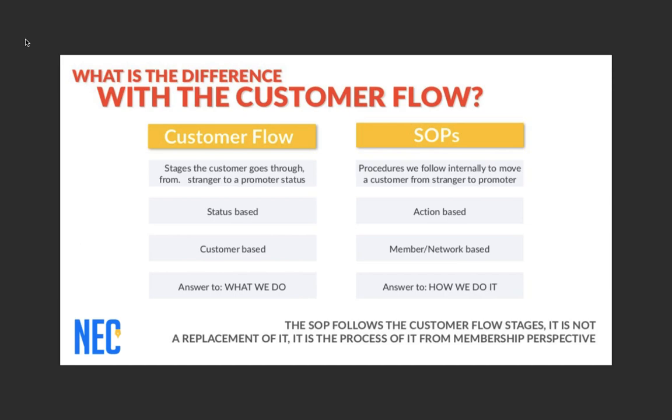SOPs answer how we do it: what kind of actions we need to take in order to achieve a better experience for our customers. And the SOP follows the customer flow stages. It is not a replacement of it. It is the process of it from a membership perspective.